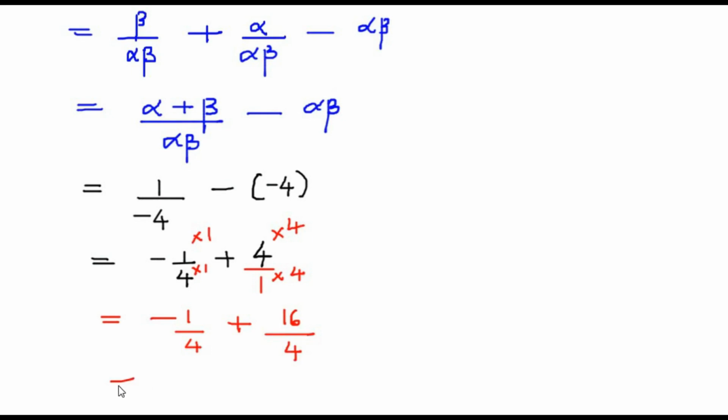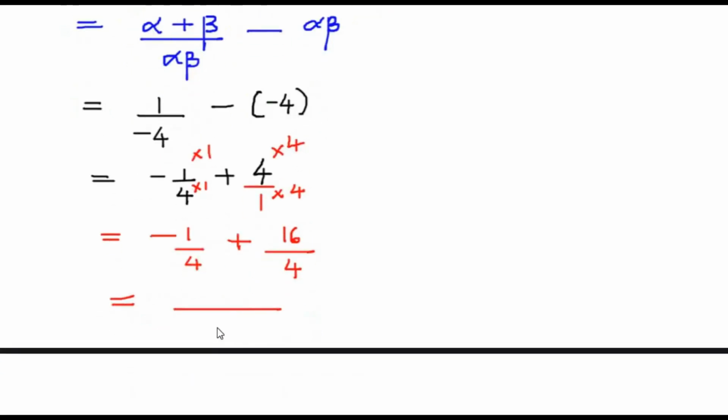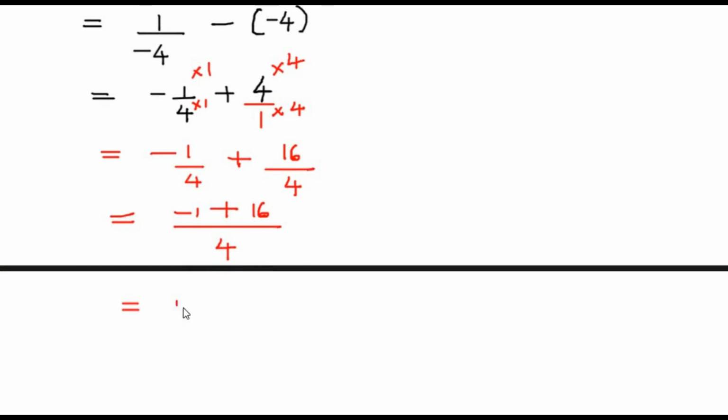So the denominator is same, we are going to write a common denominator here 4 and negative 1 plus 16, combining the numerators. We get the value here as positive 15 over 4. So this is the value of the given expression.